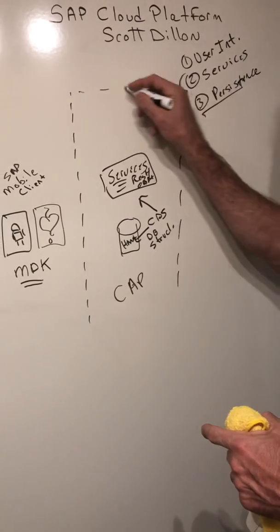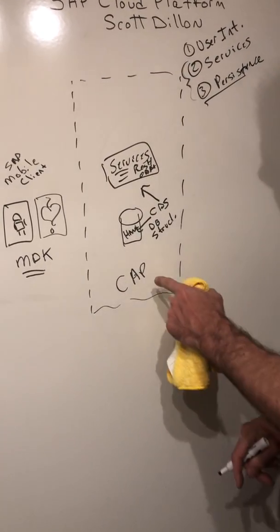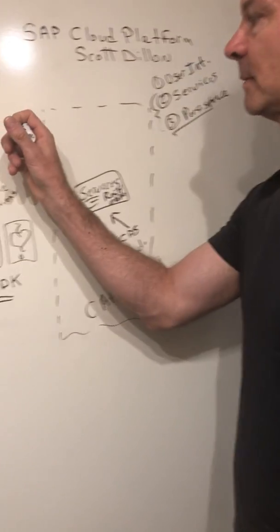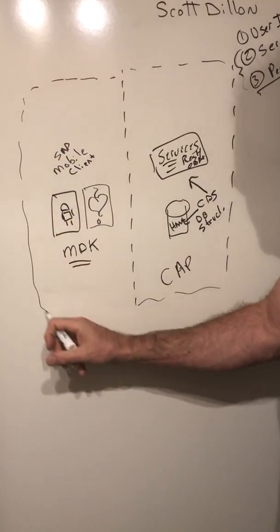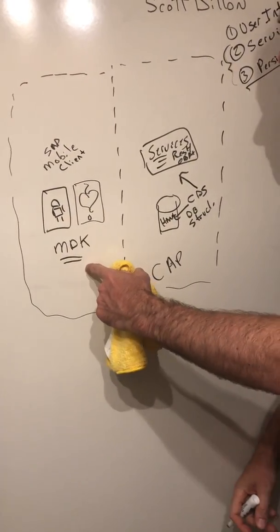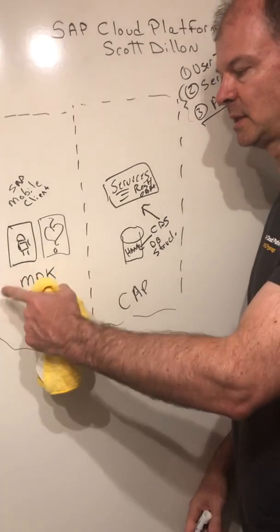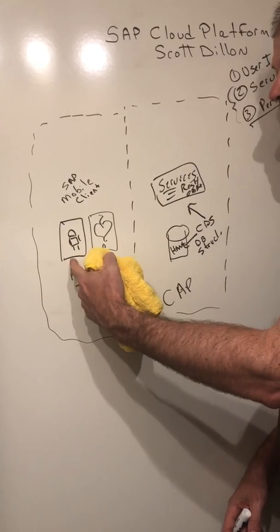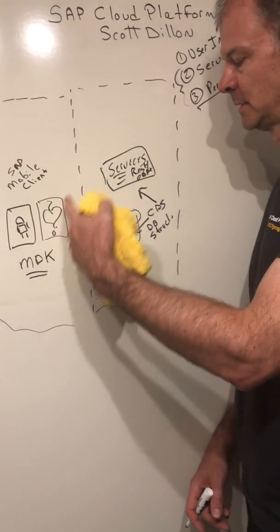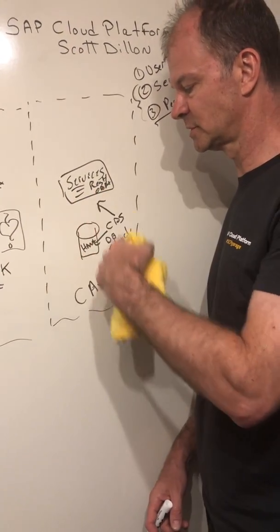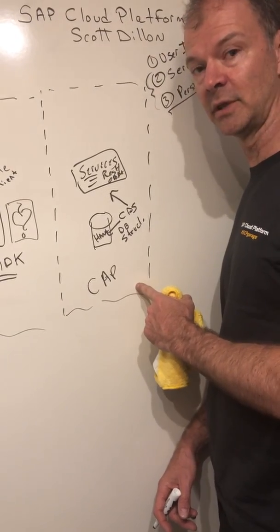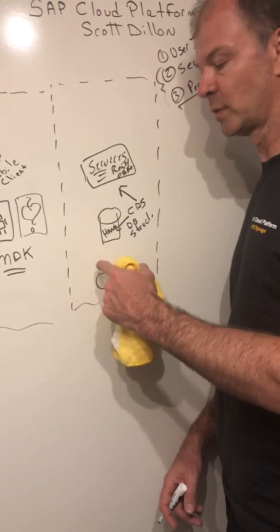So with these inside of CAP, I can get my persistence and my services, and now the question is, can I combine it with the MDK so I could have an application that would be cross-portable, build once, run anywhere, to run on an Android device and an Apple device, connecting in and using structures and services that are automatically generated by CAP.